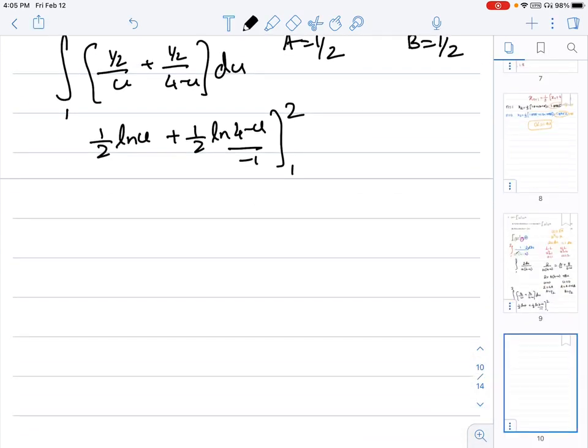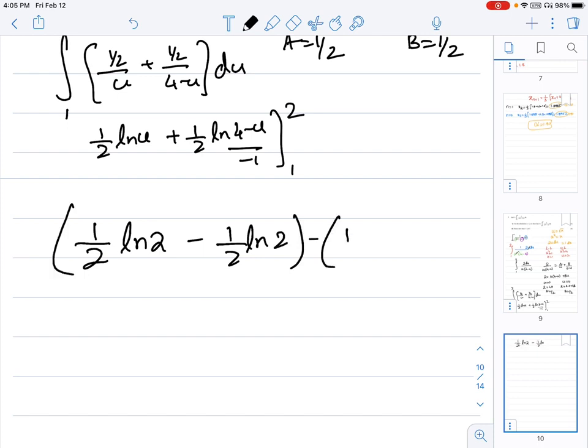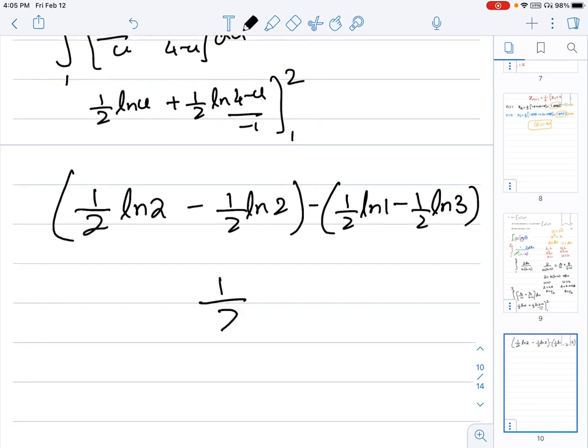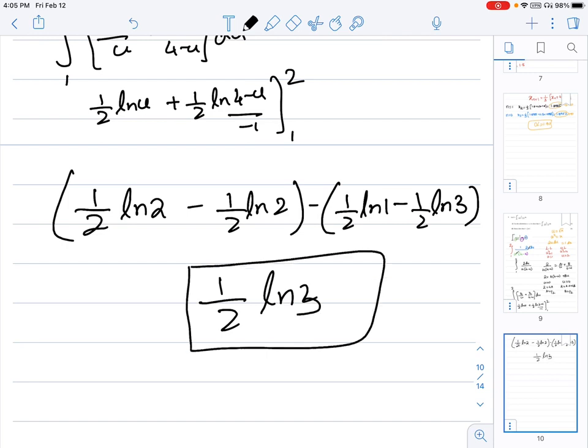From there, plug in the values: 1/2 ln 2 minus 1/2 ln(4 minus 2), which is 2. Then substitute 1/2 ln 1 minus 1/2 ln 3. So that cancels and I get 1/2 ln 3. That's going to be the answer.